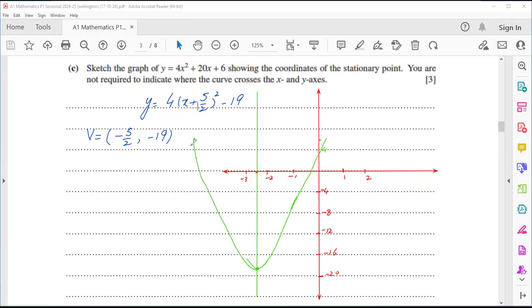If I'm not wrong, that will be the graph. This is called the stationary point. Stationary points are minimum, maximum, or least or greatest point. So if you have these three things, the vertex, the line of symmetry, and the shape of the graph, then you will get the complete 3 marks.